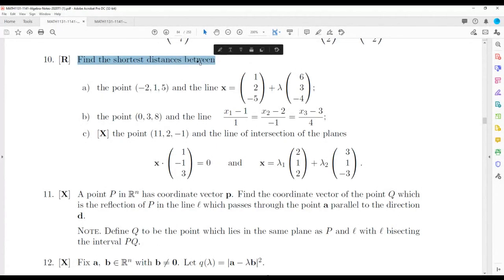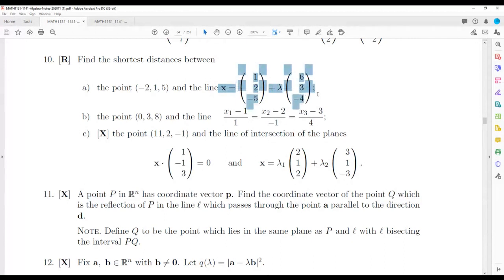So find the shortest distance between this point and this line with this equation. Okay, so believe it or not, the key idea with this kind of problem is Pythagoras's theorem, right-angled triangles, and vector projection.